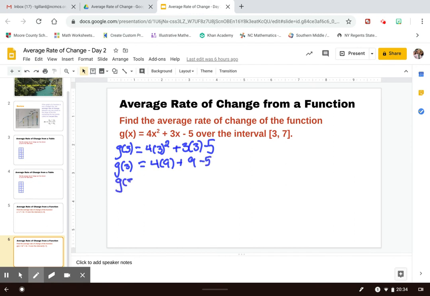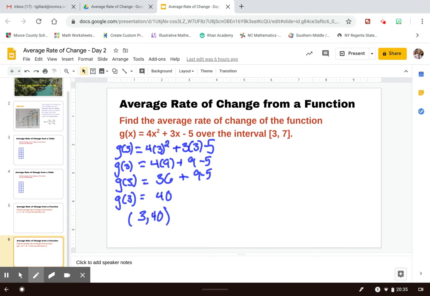So the g of 3 is 36 plus 9 minus 5. So the g of 3 is 40, because 36 plus 9 is 45, minus 5 is 40. So that means my ordered pair here is going to be 3, 40.